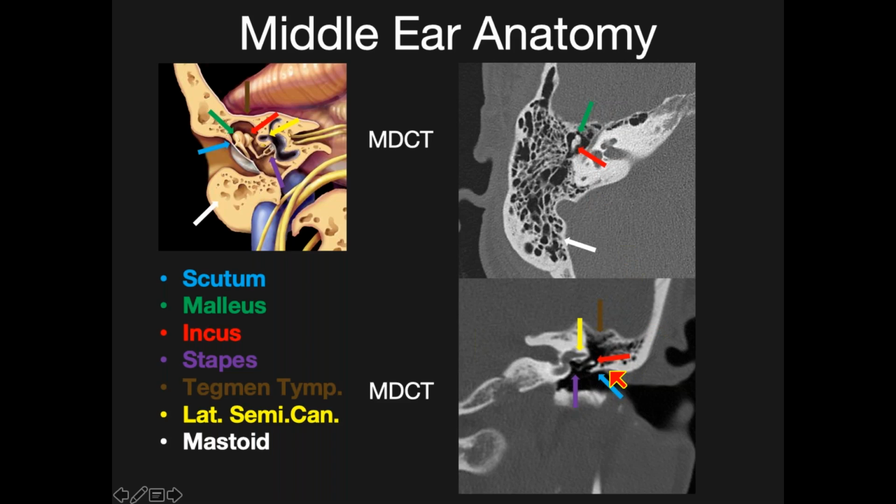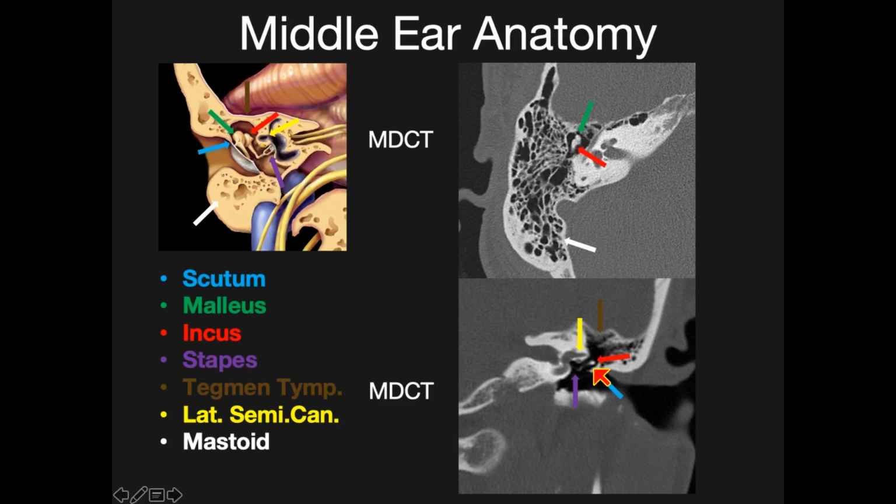On a coronal plane, we see some more critical structures. The scutum, which holds on to the tympanic membrane, not very well seen here. The space between the scutum and the long process of the incus, called the lateral epitympanic recess or the Prussak space, and this is where you would expect acquired cholesteatoma in adults to happen.